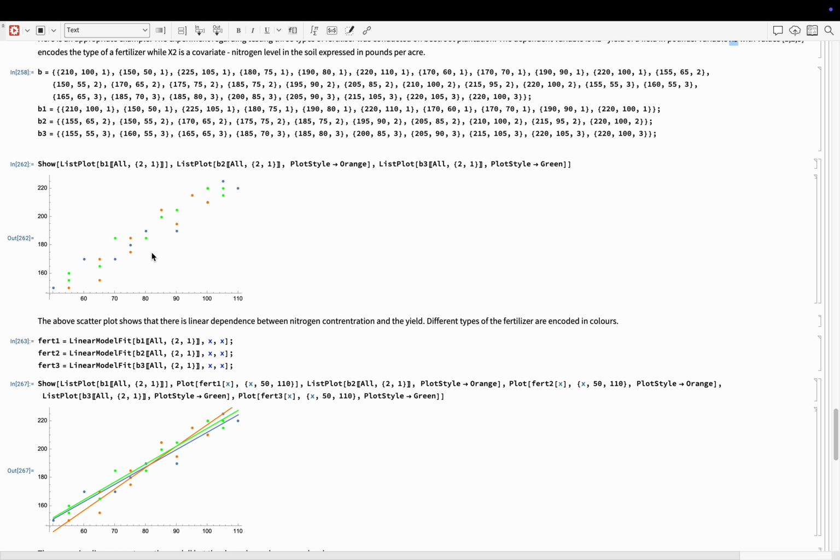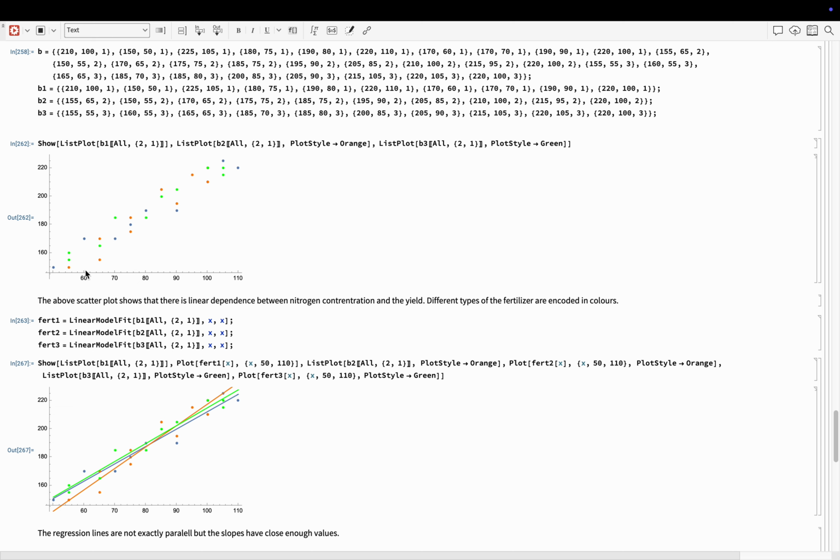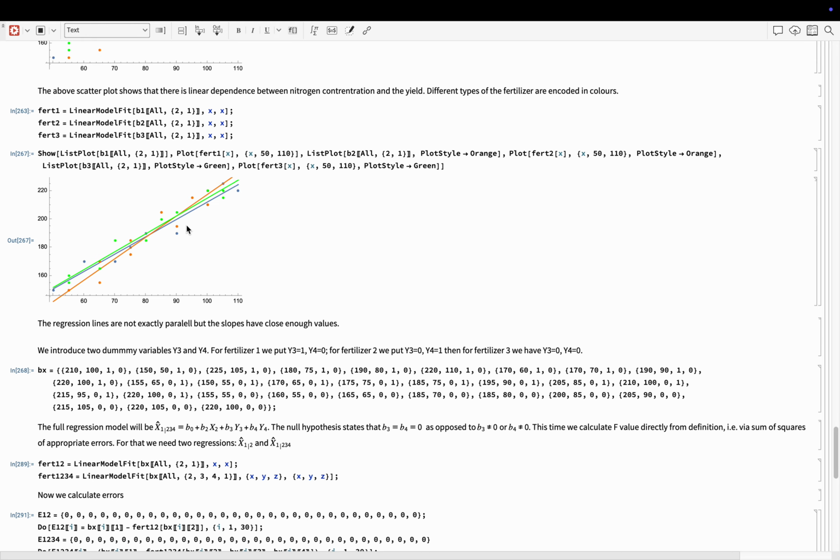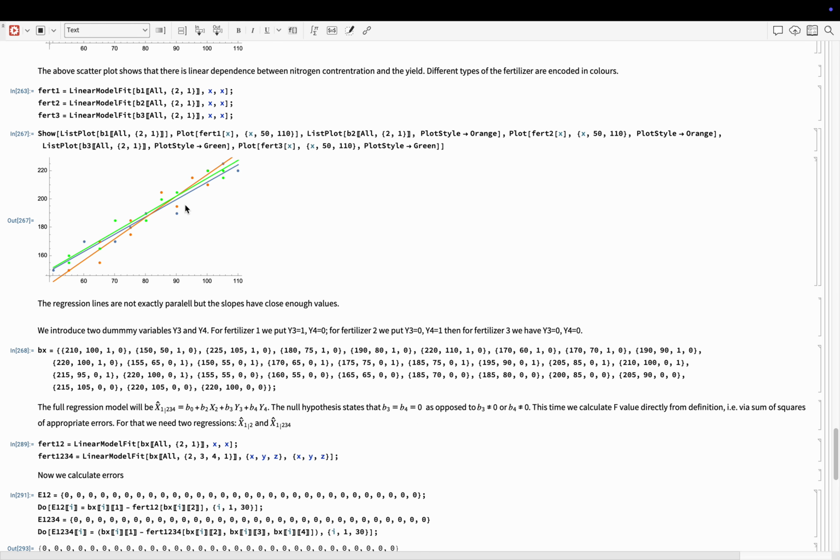We see that the colors are mixed. So looking at the picture, I don't expect significant differences between types of fertilizer.